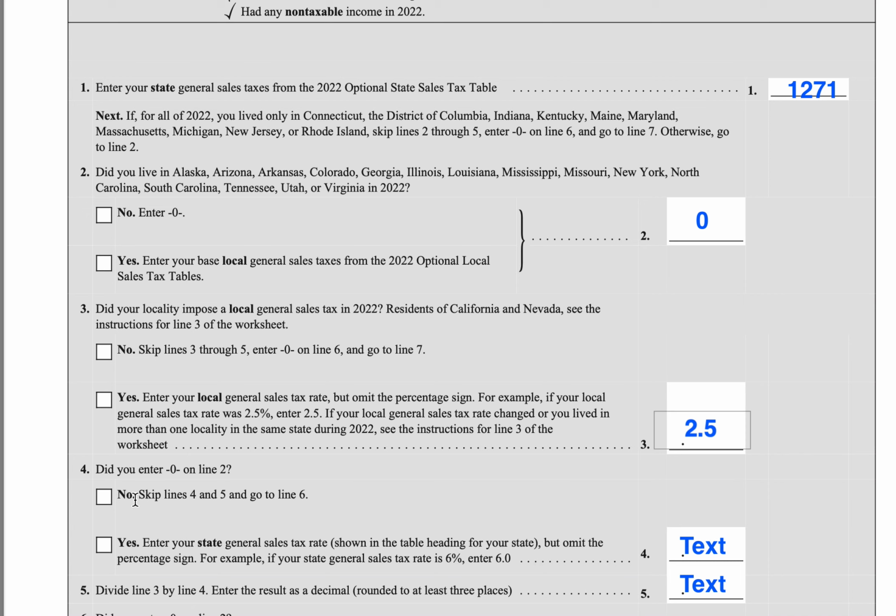So in line 4, you're going to answer whether or not you entered 0 on line 2. In this case, we did. So we would enter the sales tax rate for our state. Our state, which is Texas, happens to have a 6.25% state sales tax.